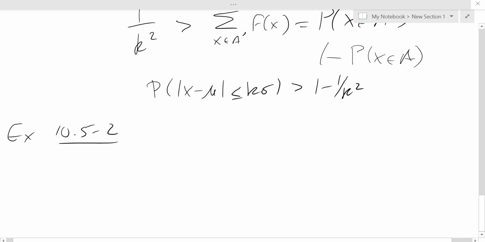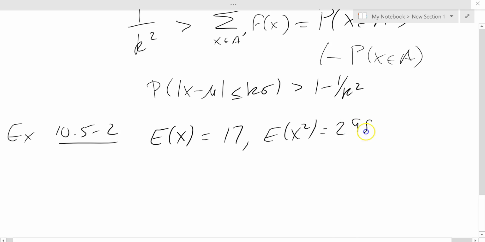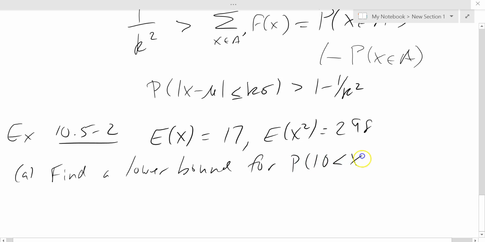They tell you that the expected value of x is 17, and the expected value of x squared is 298. Part A says find a lower bound for the probability that 10 is less than x is less than 24.